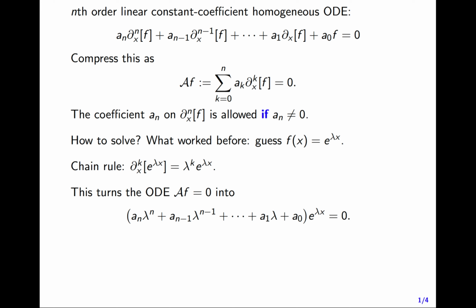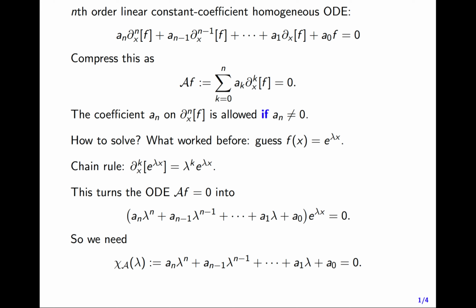So I can solve my ODE A on f equals 0 with the guess f of x equals e to the lambda x, if and only if I have this relation: polynomial in lambda times e to the lambda x equals 0. And of course, e to the lambda x is never 0, so I just divide that off, and I really want the polynomial part to be equal to 0.